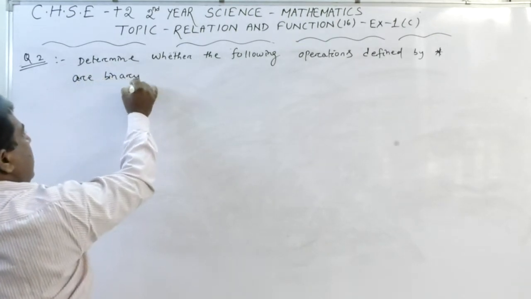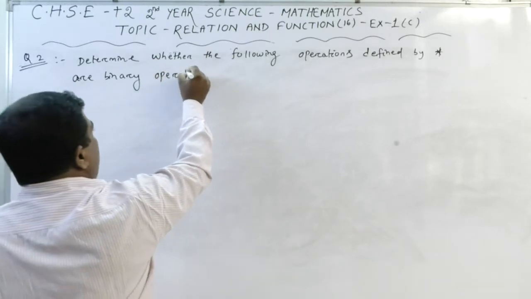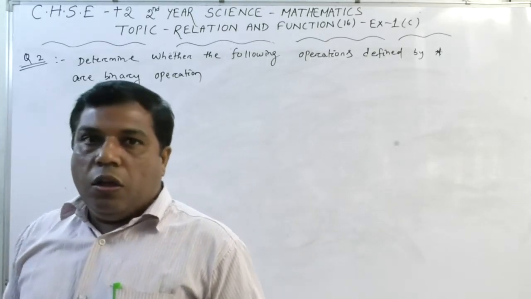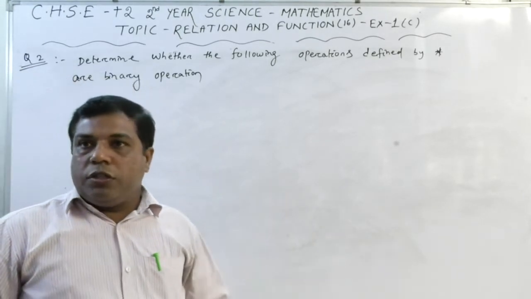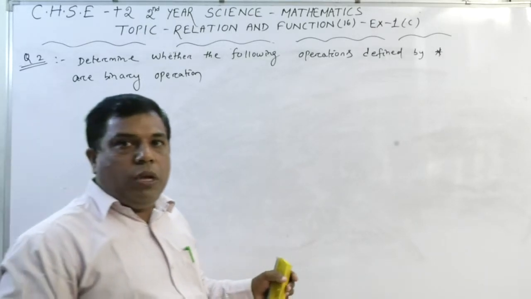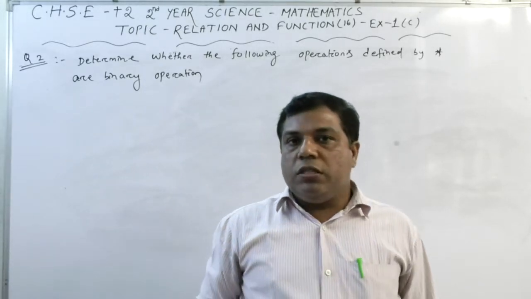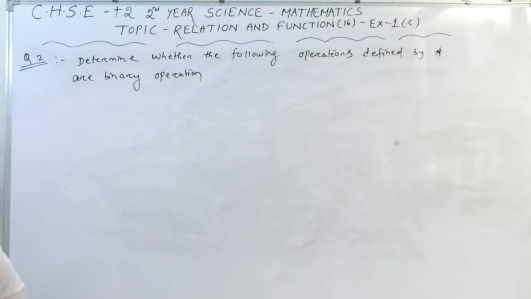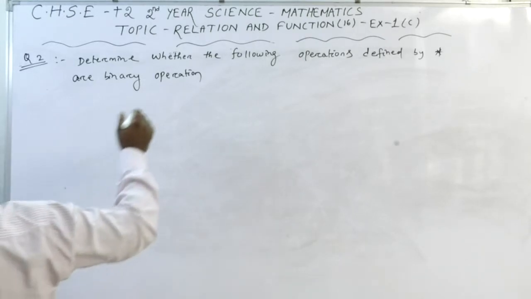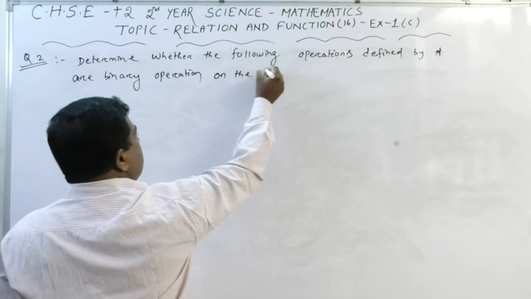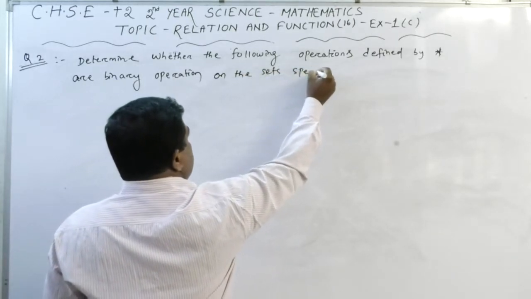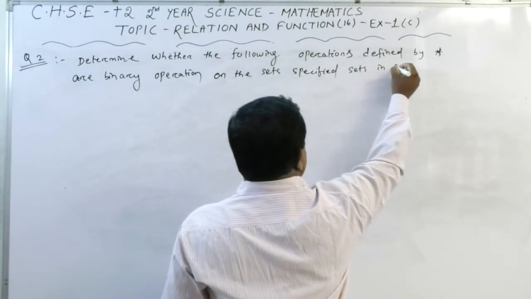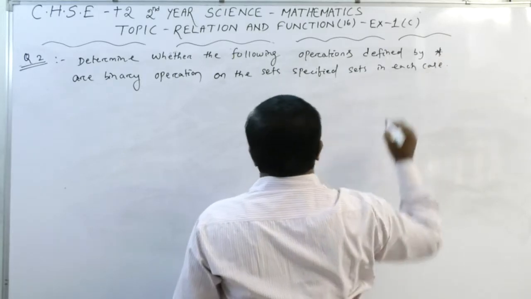So some operations are there and we have to check whether they are binary operations or not. Okay, that is the question that we are going to solve, on the sets specified in each case. So some specific sets are there in each case.